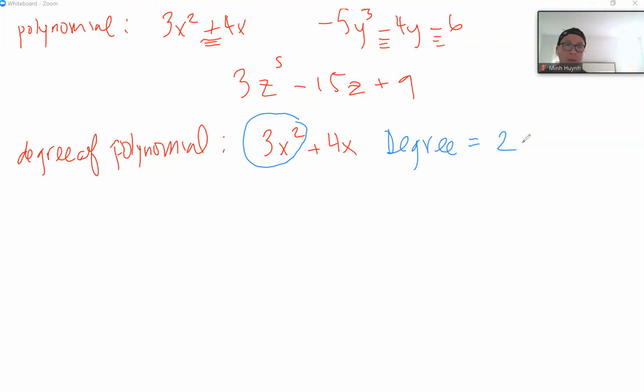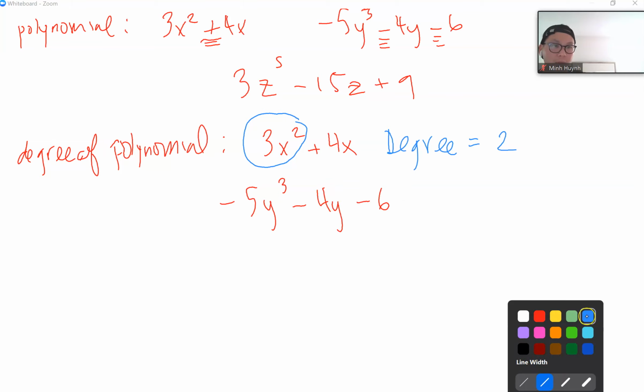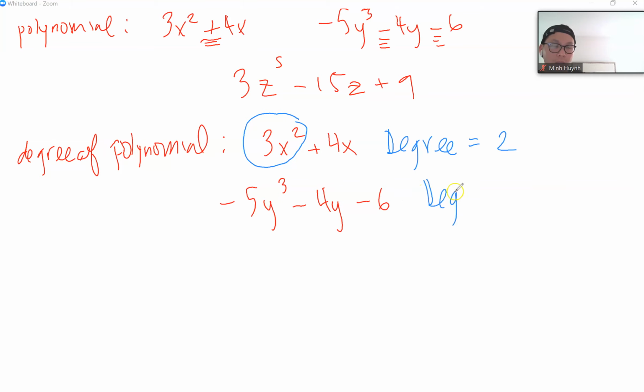Using the example from above, if I have negative 5y cubed minus 4y minus 6, my degree for this one is going to exist in this monomial, and the degree will be 3.